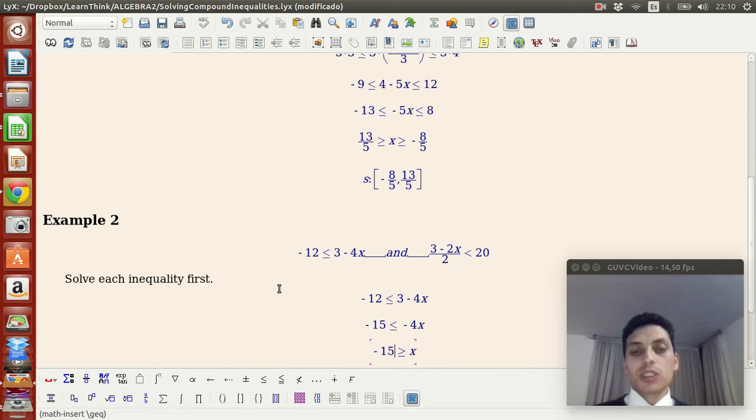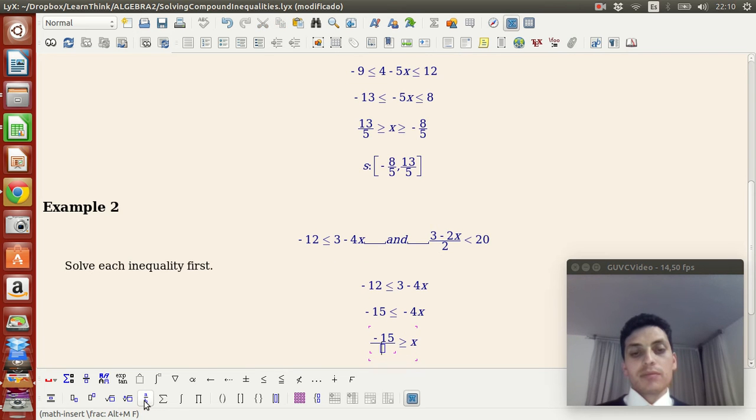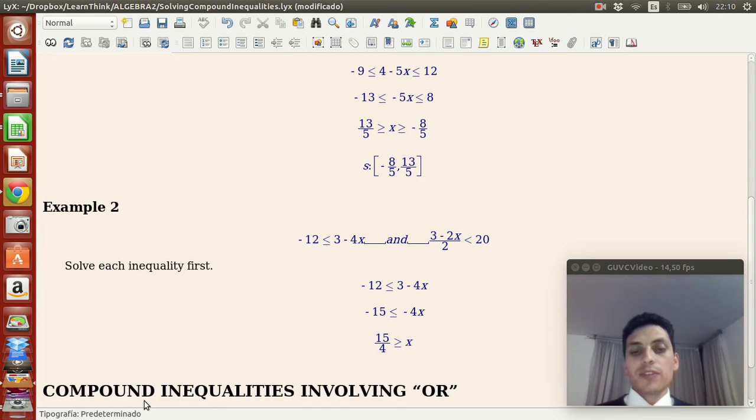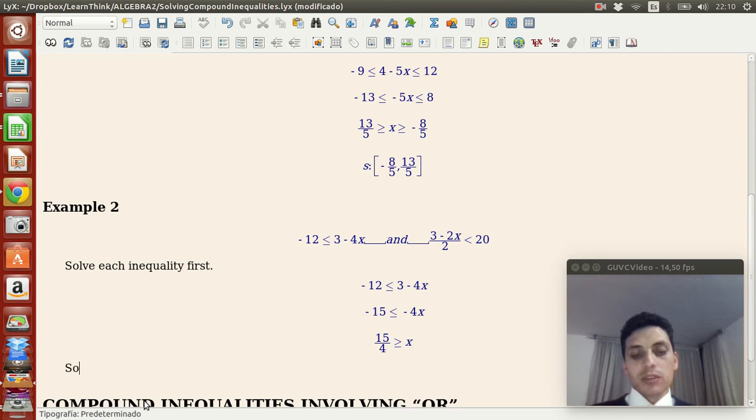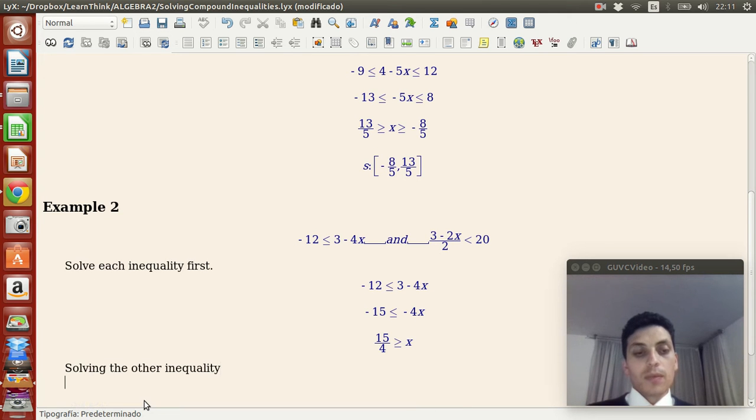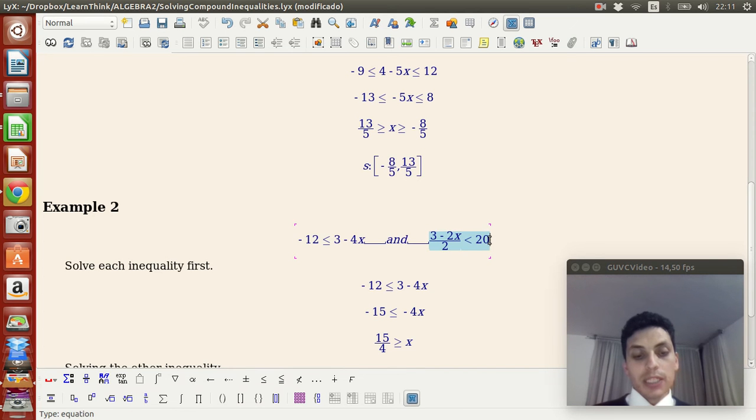I tell the students to change direction, but it reverses the inequality symbol. So negative 15 divided by minus 4 is 15 fourths. So this is the first part. Now we're going to solve the other inequality.